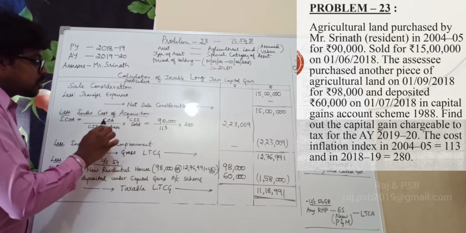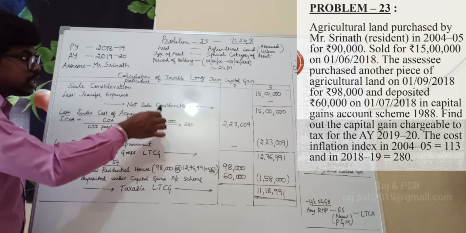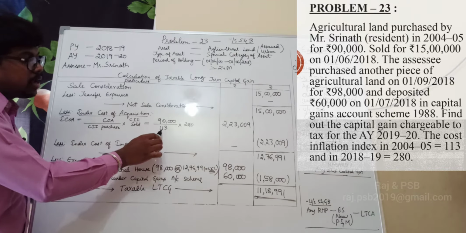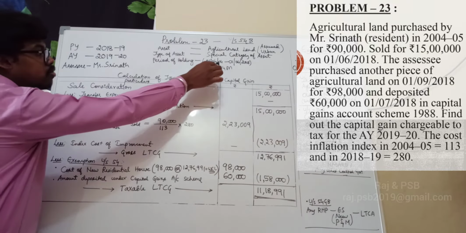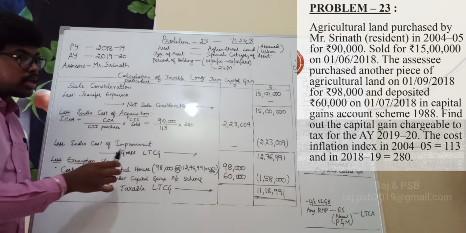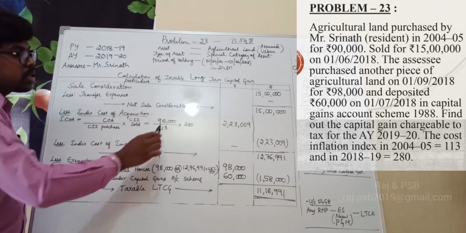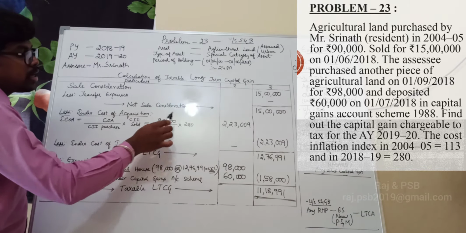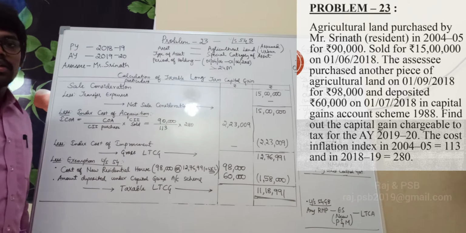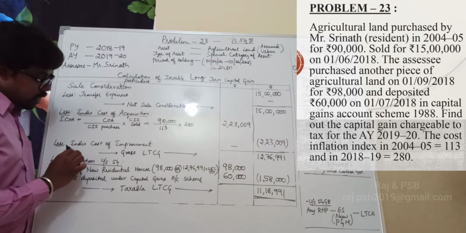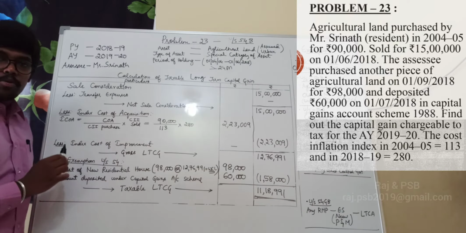So the cost of acquisition of the old asset is 90,000 divided by CII of purchase, when is he purchasing, 2004, so 113, into CII of sale, 2018-19, so it is 280. So the amount will be 2,23,009, and there is no indexed cost of improvement, so it is nil.